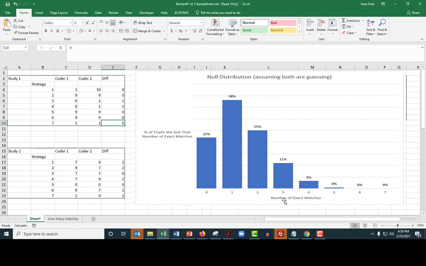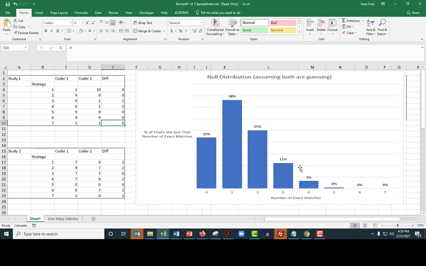Well, if you look over at this graph, 4 or more exact matches is roughly 3.1% or less, which means that there's almost no chance to get 4 or more exact matches if they were guessing, which is strong evidence that they're not guessing. Does that make sense? Strong evidence that they're not guessing.